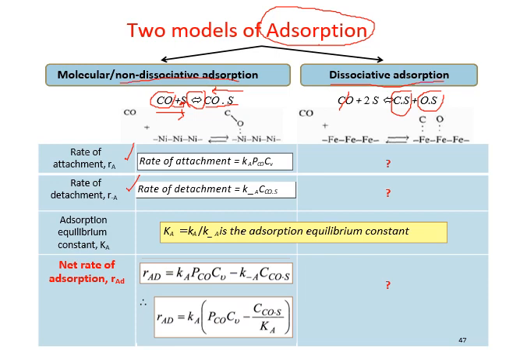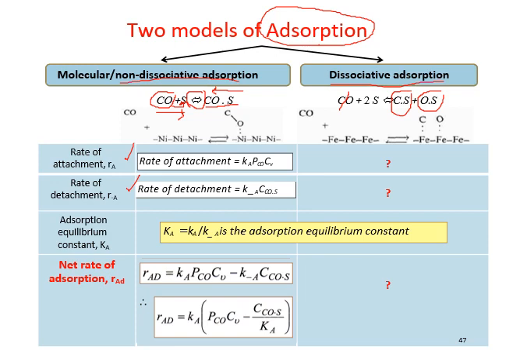To find the forward rate, attachment, which is CO plus S giving CO dot S, the rate of attachment has rate constant Ka, and since carbon monoxide is a gas, we take partial pressure instead of concentration.